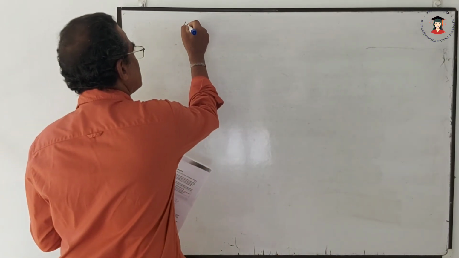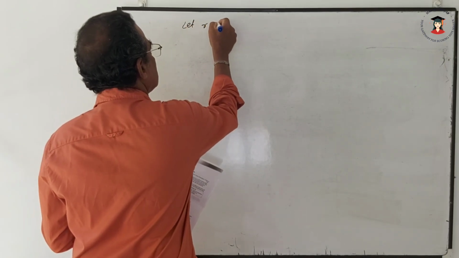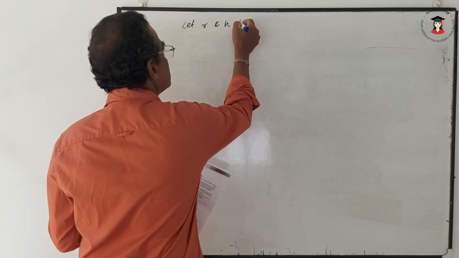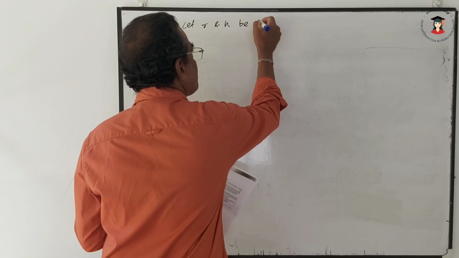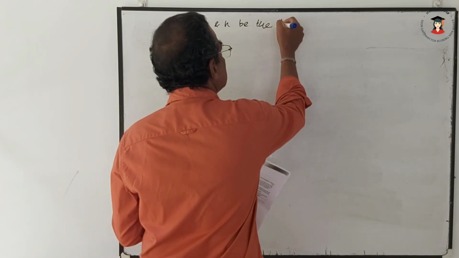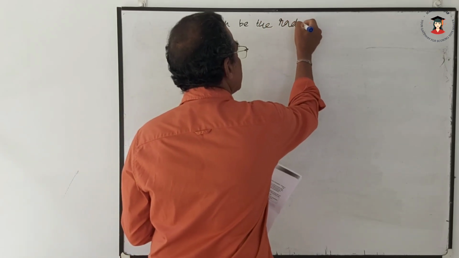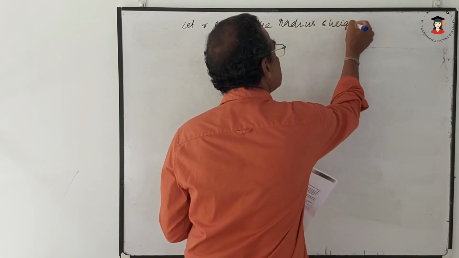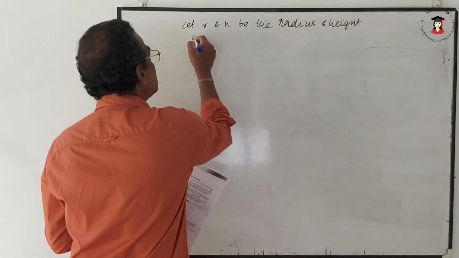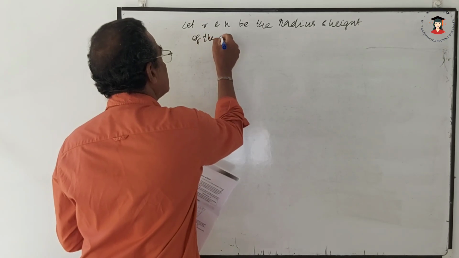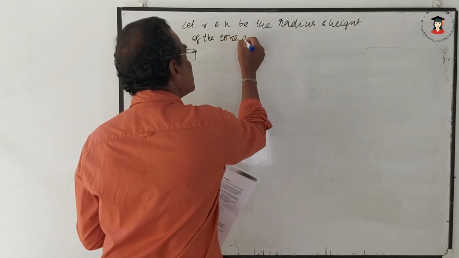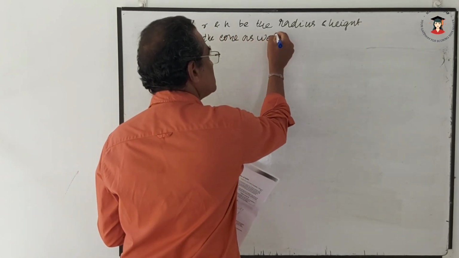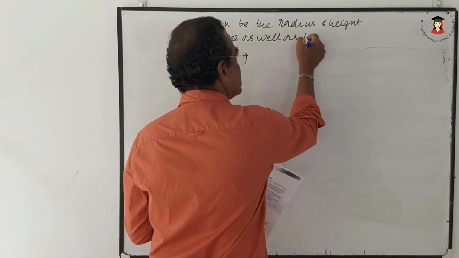Let R and H be the radius and height of the cone as well as the cylinder.